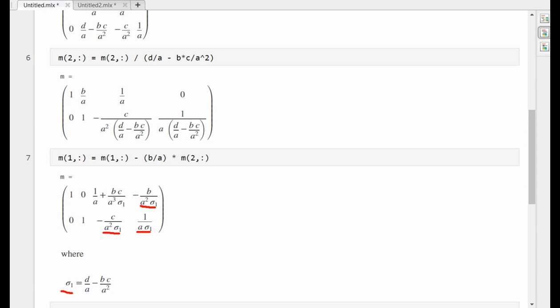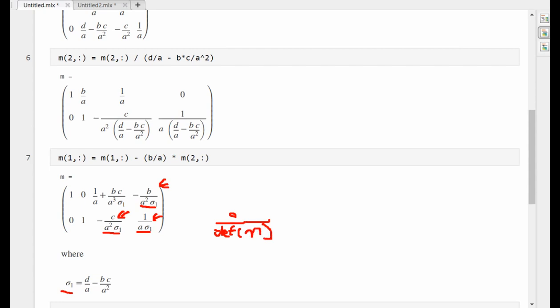Okay, so I have minus b over the determinant of M here, right? And I have my minus c over the determinant of M. And what's this equal to? Well, the bottom right-hand side is equal to a over the determinant of M. Sorry, that's supposed to be a d over the determinant of M. Why?